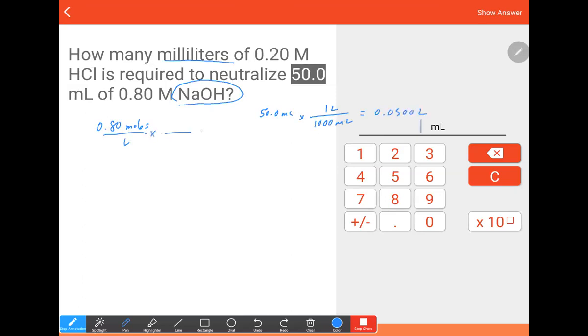Then I'm going to multiply that: 0.8 times 0.05, and I get 0.04 moles of OH minus. And so I need 0.0400 moles of H plus to neutralize it.